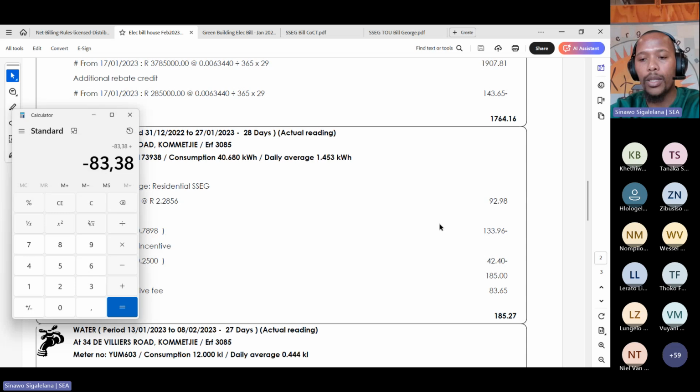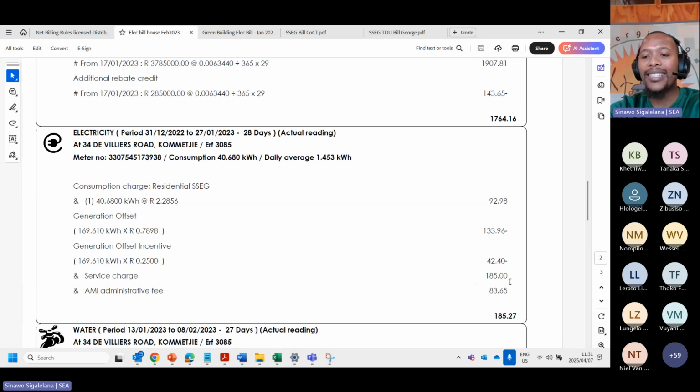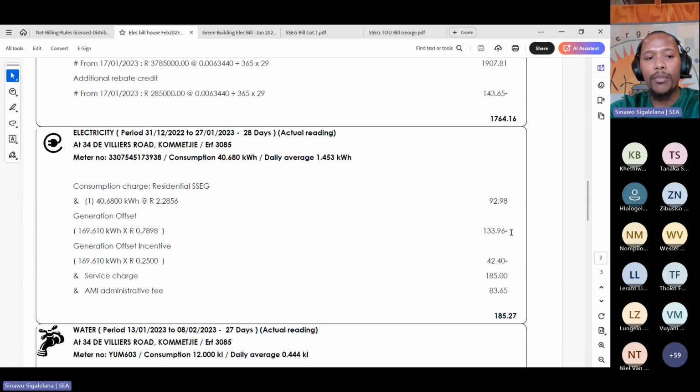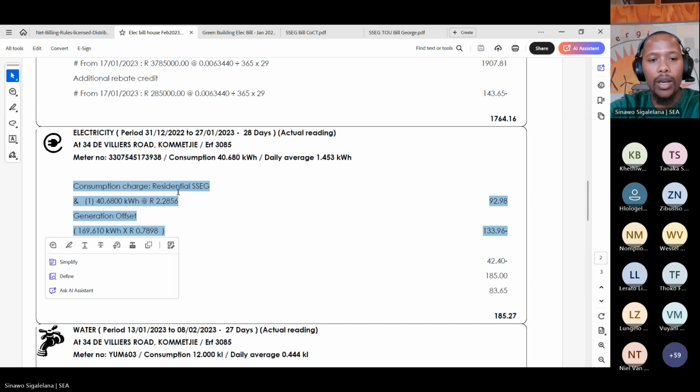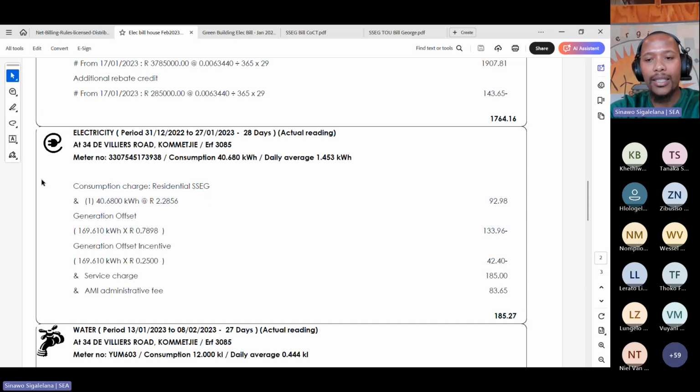Then plus 185, plus 83.65. You see, then the total bill for this customer, this 185.27, is against the entire bill. And the rules are actually saying it must only be offset against the energy charge. I hope colleagues were understanding.